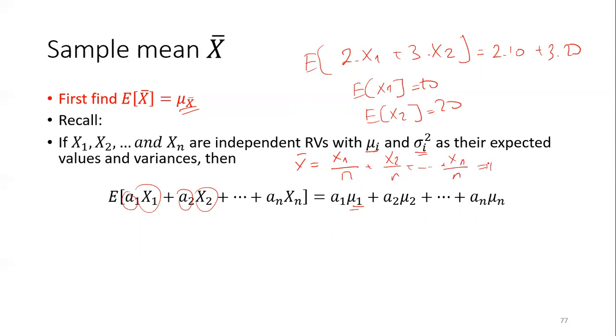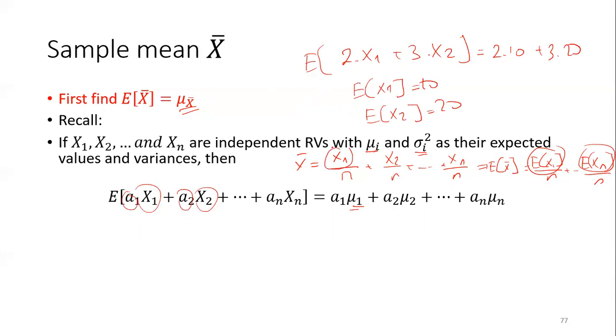Hence, expected value of x bar is equal to what? It's equal to expected value of x1 divided by n, ..., expected value of xn divided by n. And what is the expected value of x1 or xn? Well, we know that x bar is equal to x1, x2, ..., xn, the sum of them divided by n.